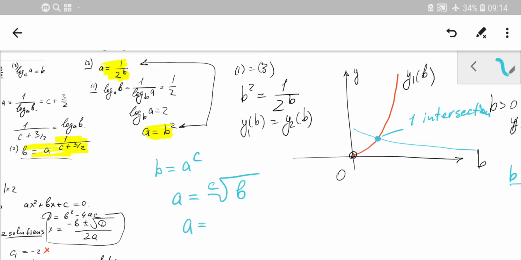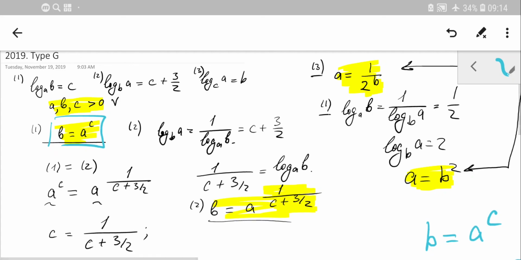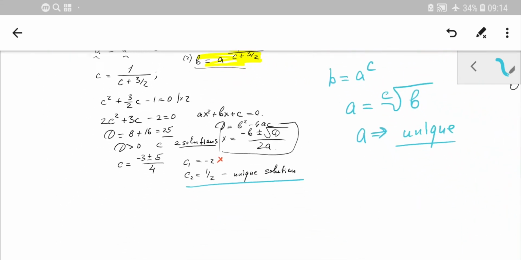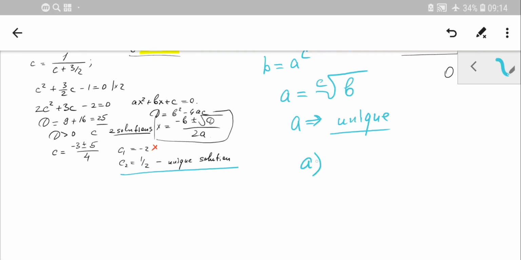So all three variables are unique. The right answer in this case is unique solutions for A, B, and C, so we need to choose option A in type G.